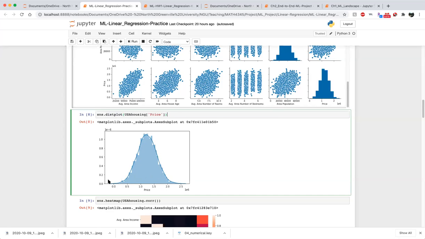By the way, the horizontal axis represents price, right? And the vertical axis represents the probability, right? Okay.